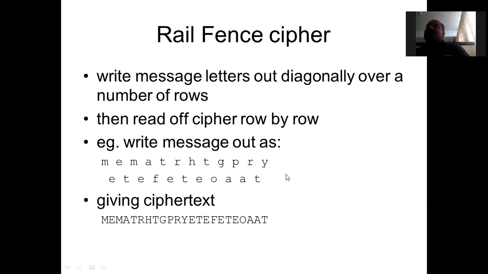In that way, we can do encryption and decryption using the rail fence cipher.